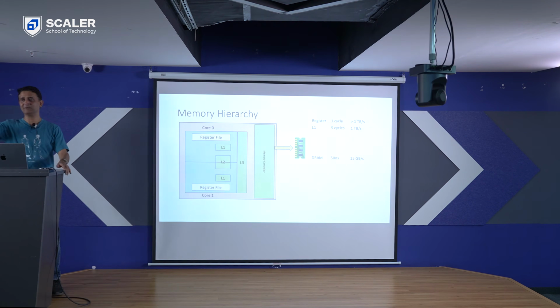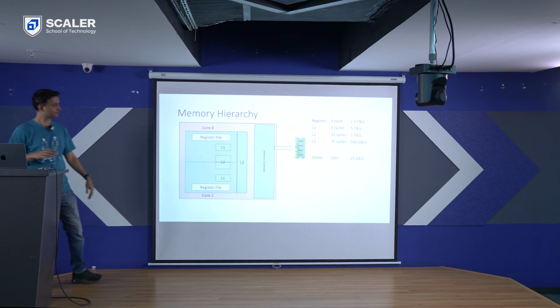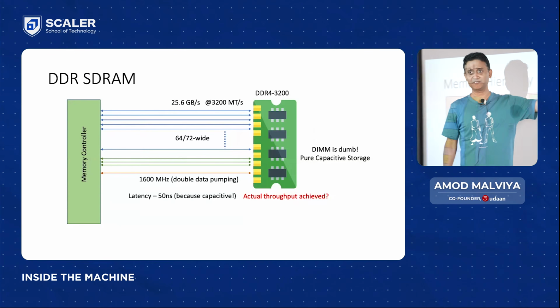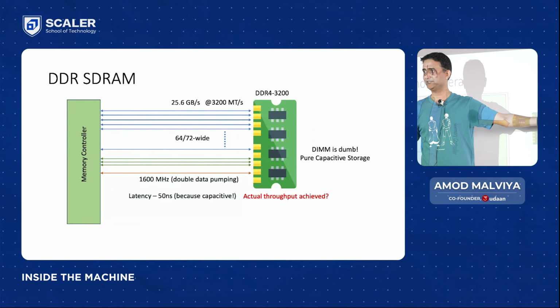Remember, somebody was asking a question about overclocking. If you increase the clock speed of the CPU, all of the times get reduced, at the cost of higher energy. L2, 15 cycles. L3, 75 cycles. I like to remember this as 535.